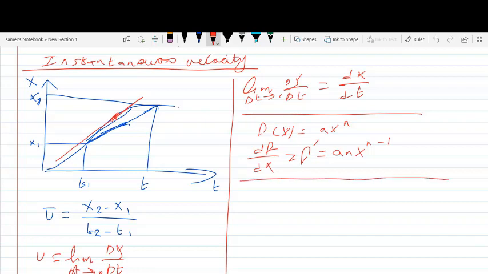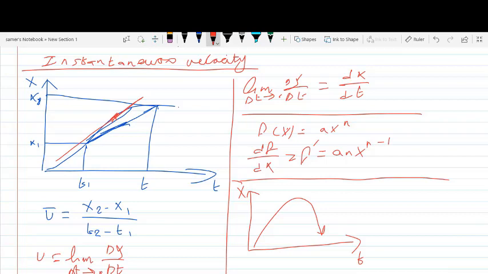And in this case we calculate the instantaneous velocity of the object. So in the case we have a graph of the distance as a function of time, for example this graph, and we need to find the velocity at any point.